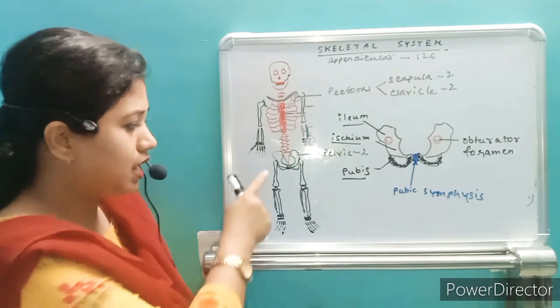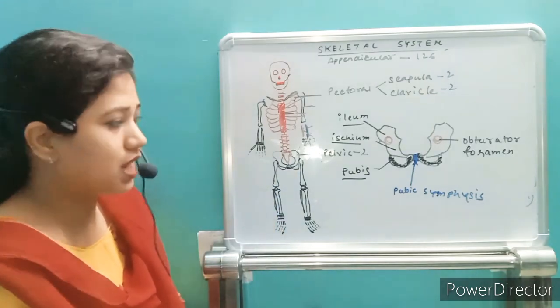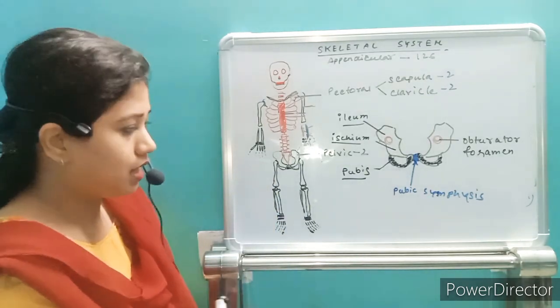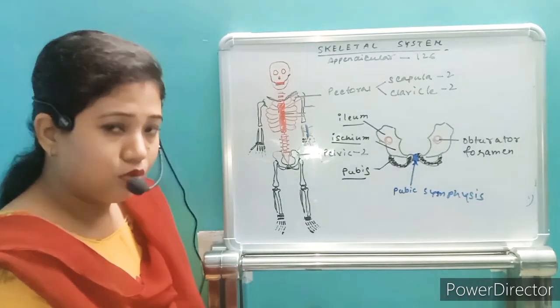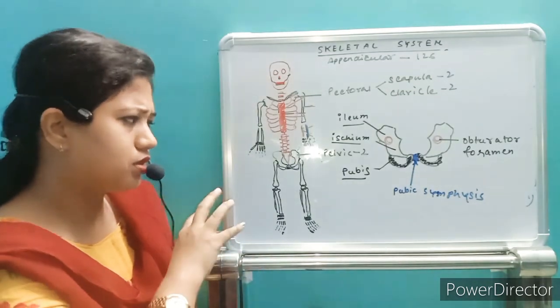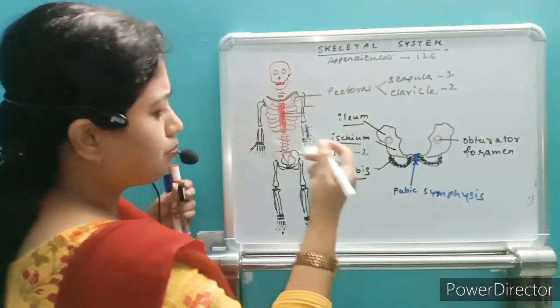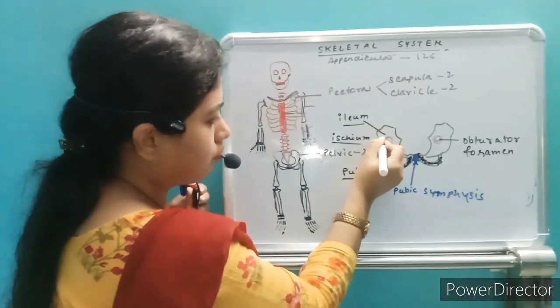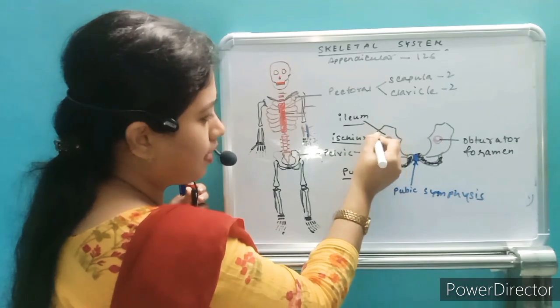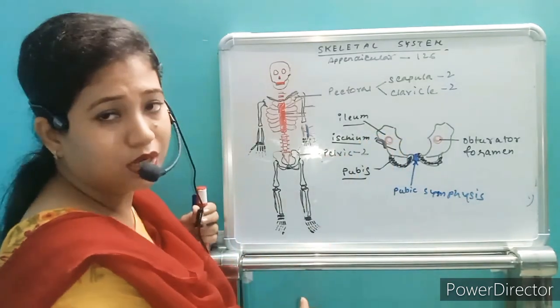Now the next one: how the two hind limbs are attached. They are attached to the pelvic girdles by means of a process. Here we have one facet, or one articulating site.